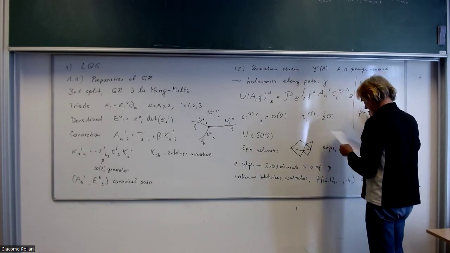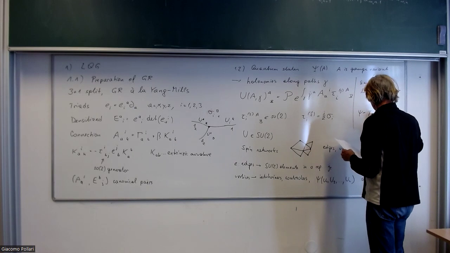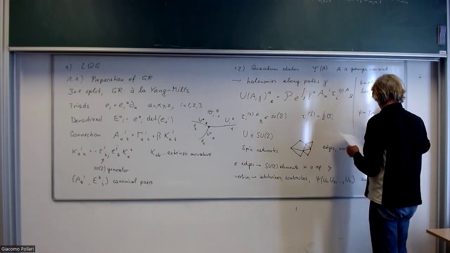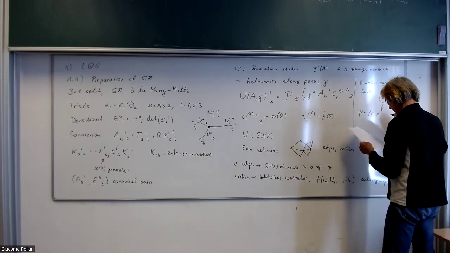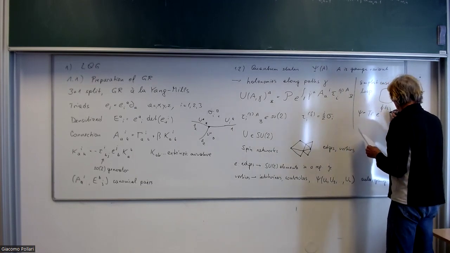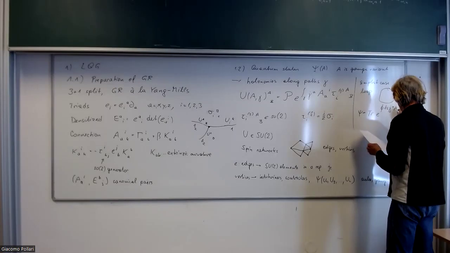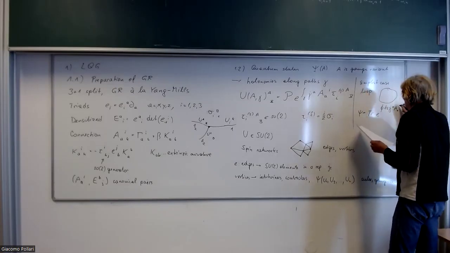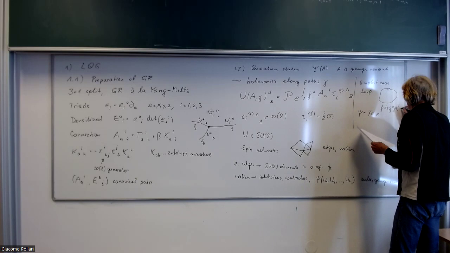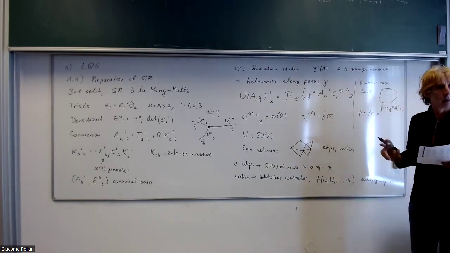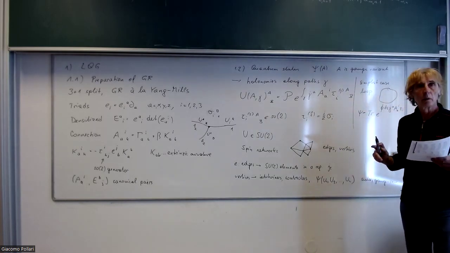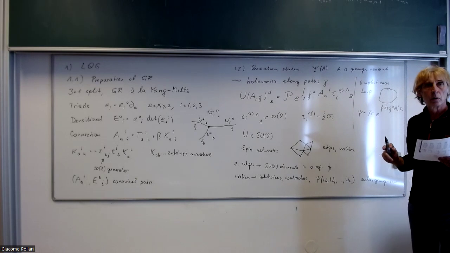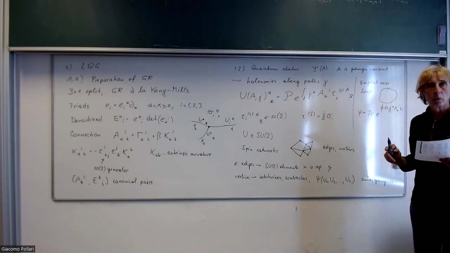Then psi is the trace of the exponential of the integral ds gamma dot A. And then all those contractors can only be the Kronecker deltas or the antisymmetric epsilon.